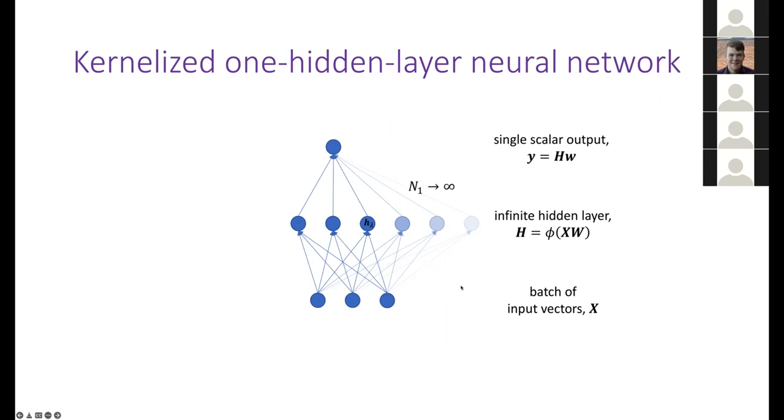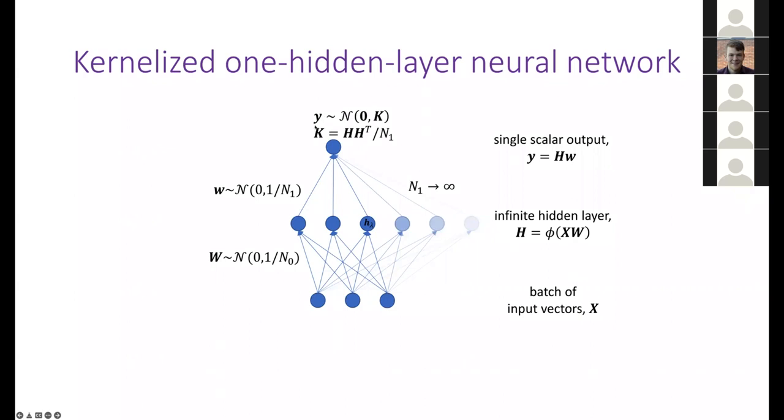Now if I ignore what goes on in this bottom bit, and I treat those h's in the middle as the input, then I end up with exactly the same model that I saw on the previous slide. Oh, sorry, the weights are IID Gaussian. So if I ignore what goes on at the bottom, then I can treat these h's as the input, and I can just apply the same results from the previous slide.